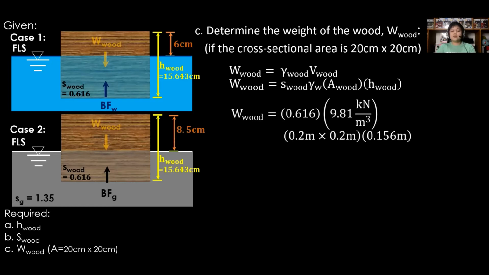Substitute S of wood as 0.616, gamma of water, the reference fluid, as 9.81 kilonewtons per cubic meter, area as 0.2 by 0.2 in meter, and height of wood as 0.156 meter. The weight of the wood is 0.038 kilonewtons.